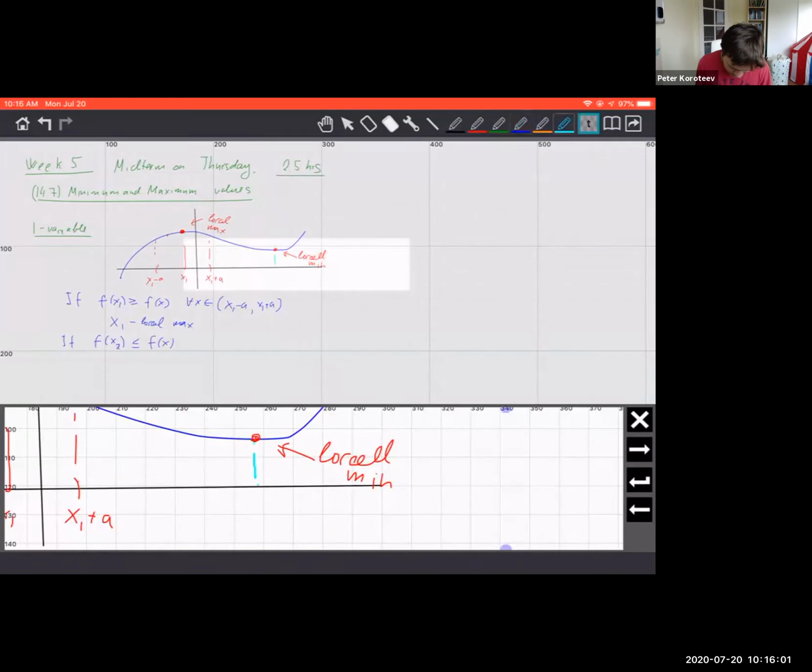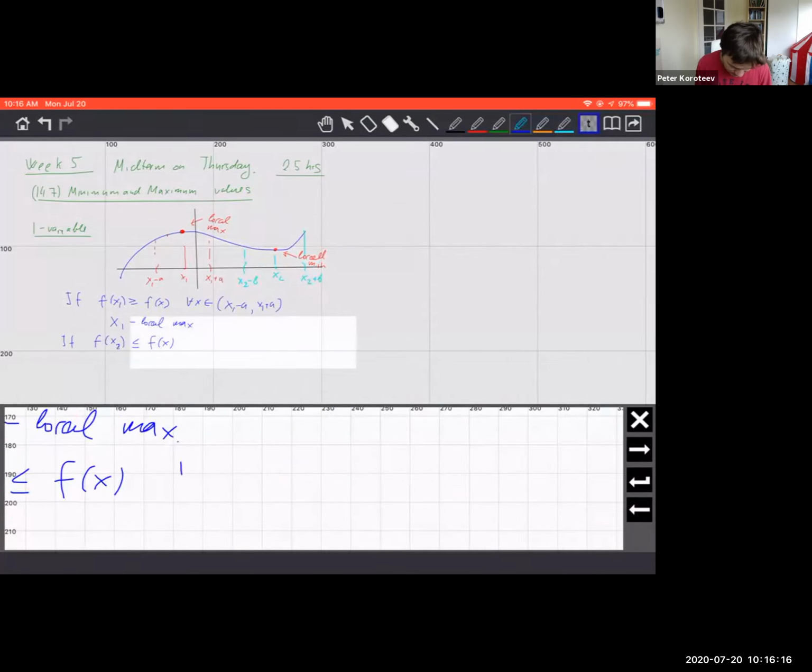And similarly, if the inequality goes in the opposite direction, look at x2. Then we take some neighborhood here, x2 minus b, x2 plus b, and the same thing happens for x which lives between these points.